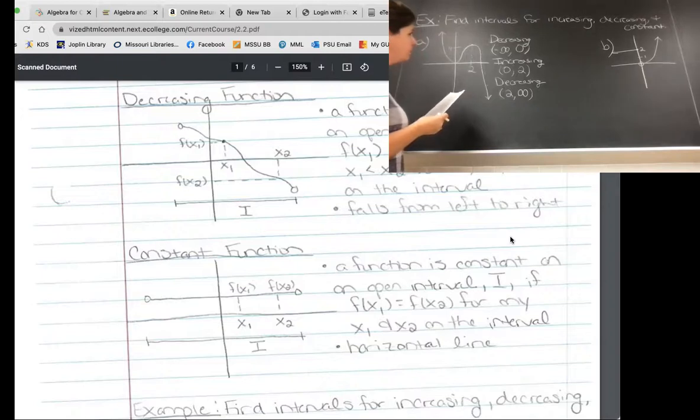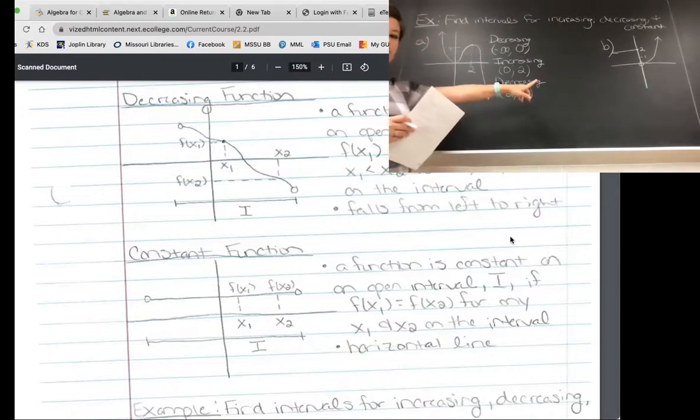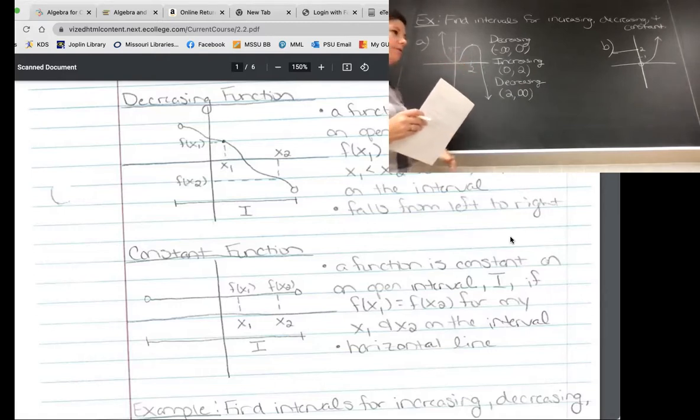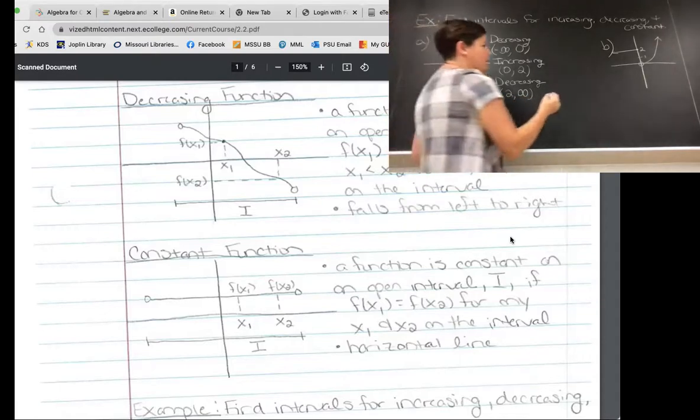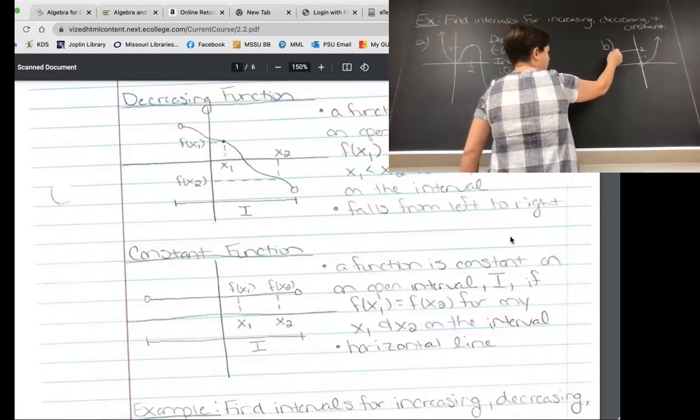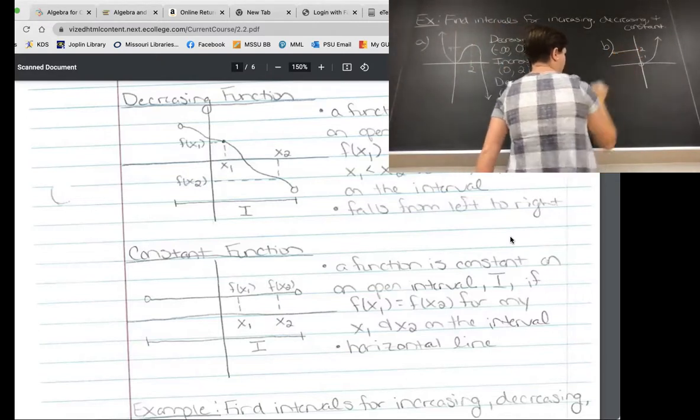Okay. What about our second graph? Our second graph, we have a flat line right there at y equals 2. And then we have an open circle with an arrow up after that. Well, that means if I start at the left side, I'm just walking a flat road.